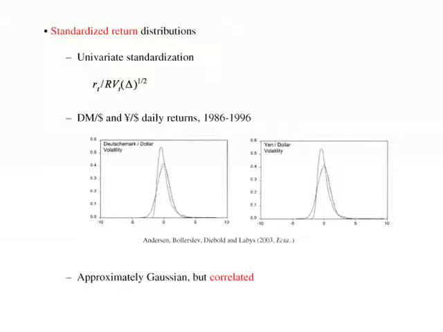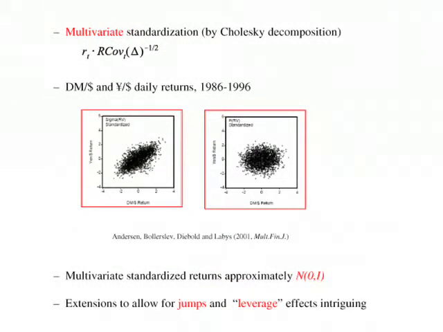But of course, these standardized return distributions are going to be correlated across different assets. So instead of just standardizing by the realized volatility, you might want to standardize by the realized variance covariance matrix. Just to illustrate the power of that, shown here is a scatter plot of the daily Deutschmark return standardized by its realized volatility against the yen return standardized by its realized volatility. Each dot here corresponds to a pair of daily standardized returns.